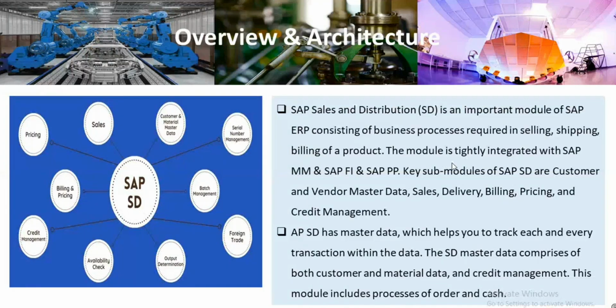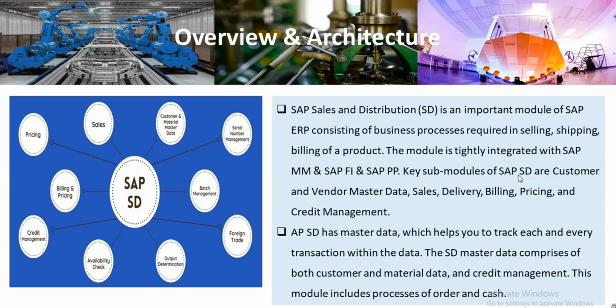The module is tightly integrated with SAP FI and PP, with key subjects being the customer, the vendor, and the sales OTC cycle. OTC cycle means sales, delivery, and billing, and the main part will be pricing in SD.